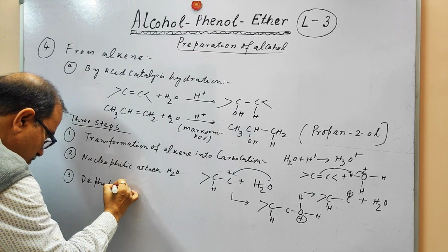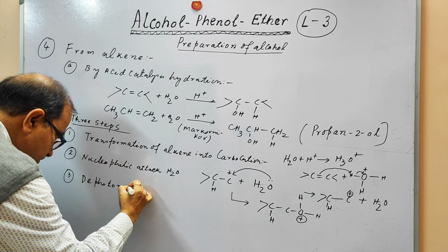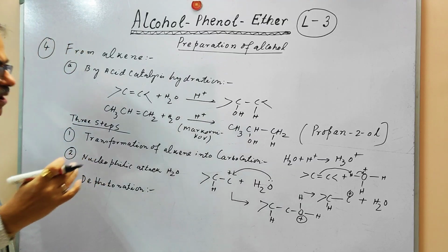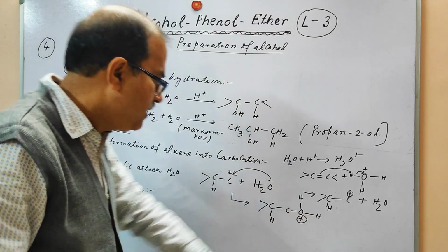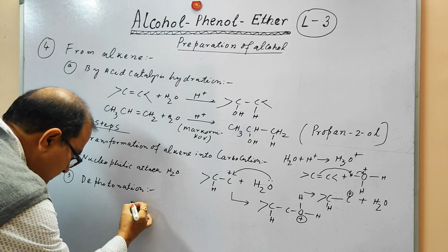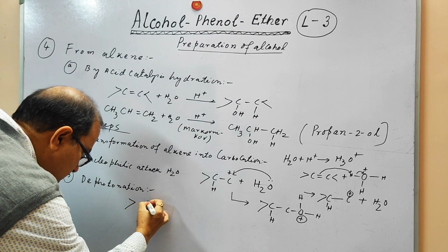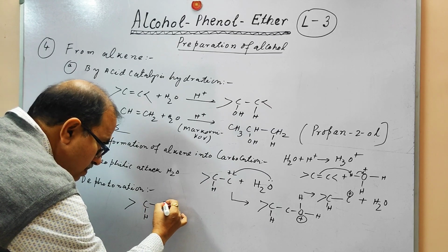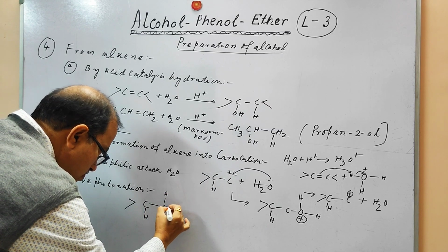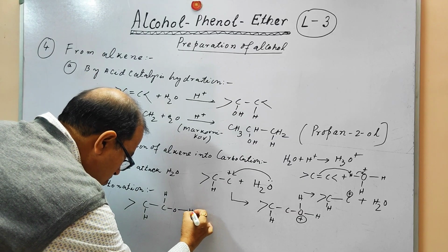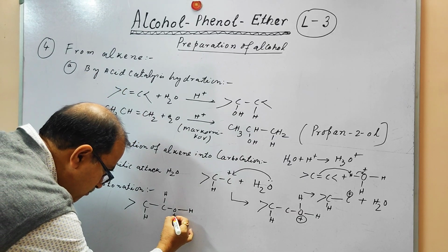Deprotonation means there will be the removal of this H ion, H plus ion. So from this you can write this reaction will be like this. And this is a positive charge.